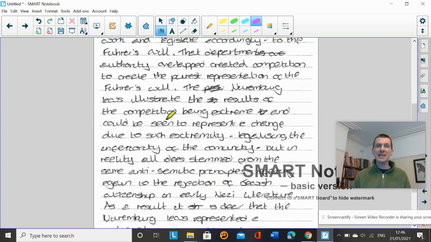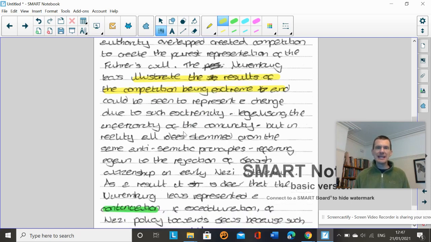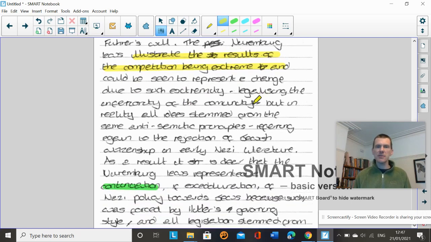The Nuremberg laws illustrate the results of the competition being extreme and could be seen to represent a change due to such extremity, legalizing the inferiority of the community. But in reality, all ideas stemmed from the same anti-Semitic principle.